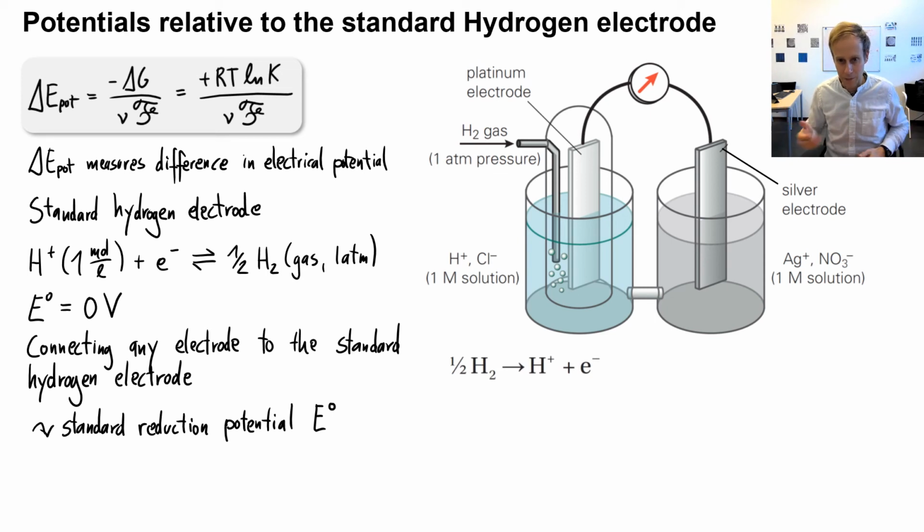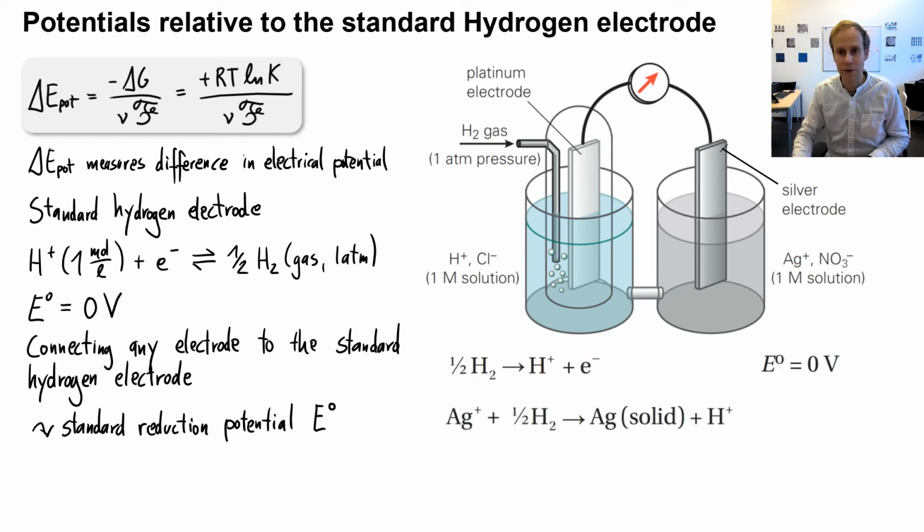So in this reaction, at the standard hydrogen electrode, hydrogen gas forms protons and electrons, and the potential of this is per definition 0 volts. The silver can then react with the electrons from the hydrogen gas to form solid silver, and in the standard hydrogen electrode more protons will be formed because the hydrogen gas has given away electrons.